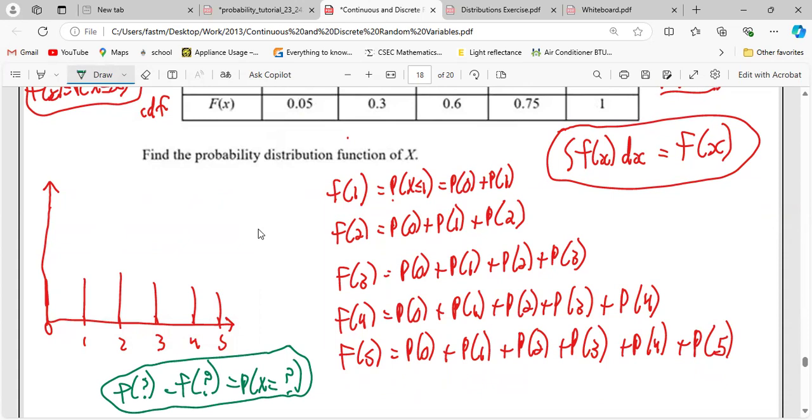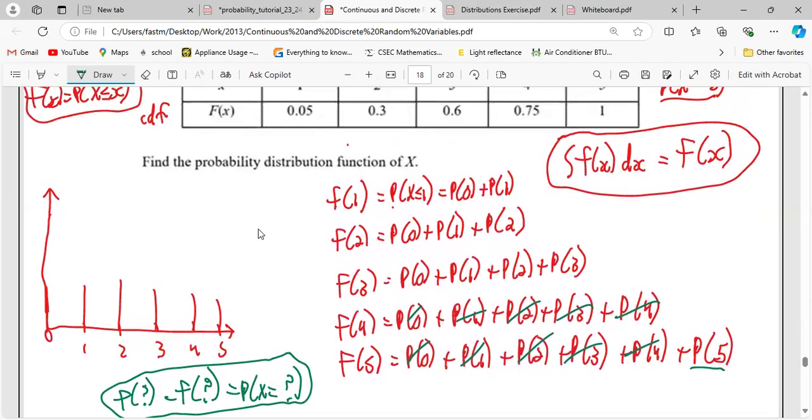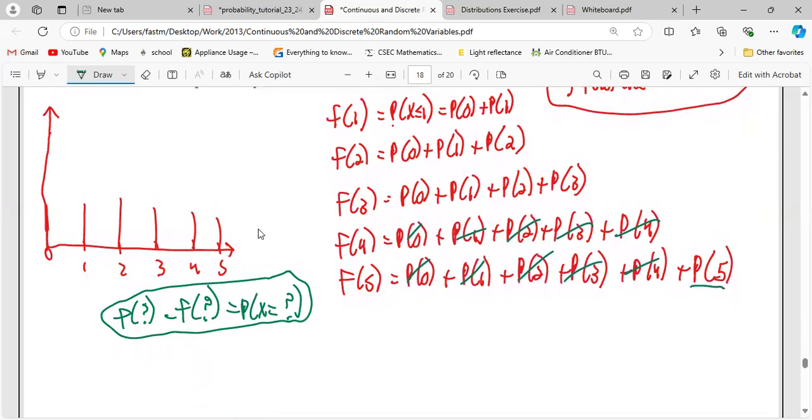Some stuff will cancel, and the thing that remains will be the answer. So if I was to subtract f of 4 from f of 5, this will cancel with this, and so on, and I'll just end up with the probability of 5 alone. So what I did, f of 5 subtract f of 4 is the probability x is equal to 5.